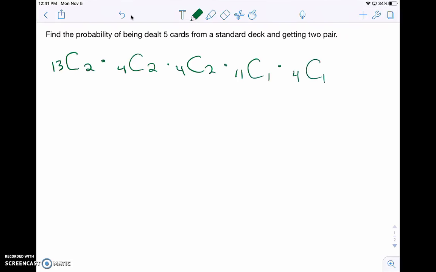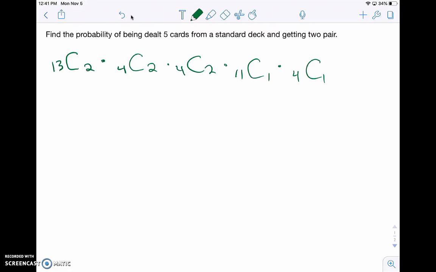So we select the value of the card, which is this first part, and then this is selecting the suit of that last card.